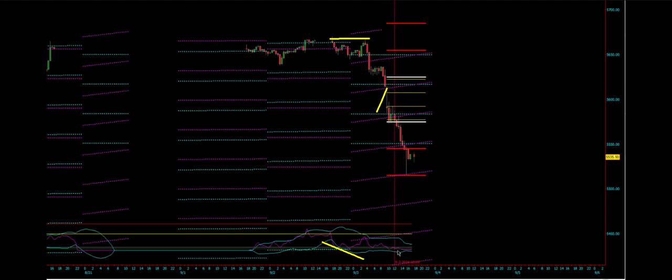Heavily sold here, right? The whole area is heavily sold. Early morning, right here, this was the short. It's not early morning, it is when the market opened Sunday.